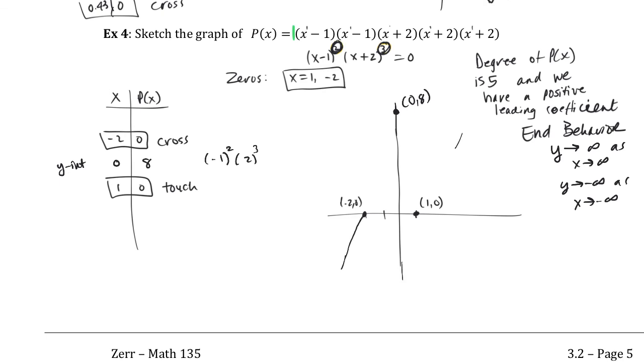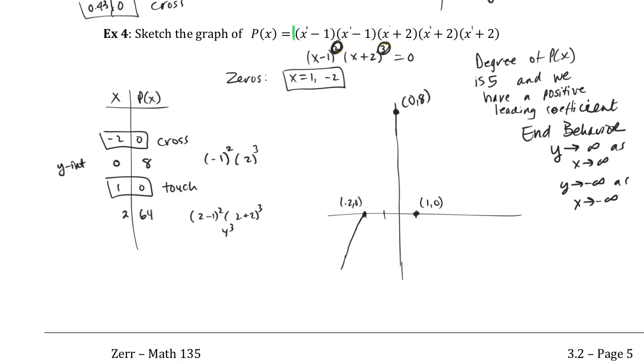And we don't really know how steep it is. It's sometimes kind of nice to plug in a few other numbers. If you plug 2 in here, you would get 2 minus 1 squared, 2 plus 2 cubed. So that ends up being 4 cubed, which is 64. So our graph is going extremely steep.